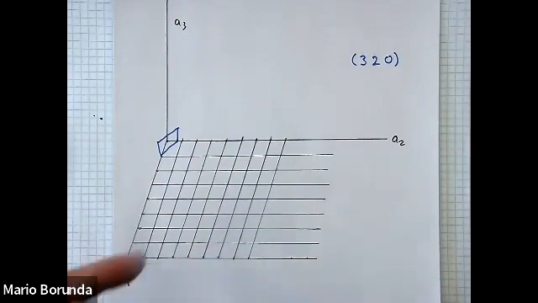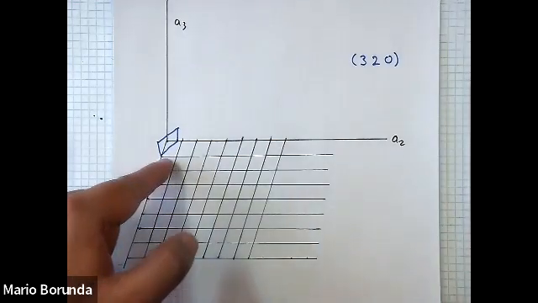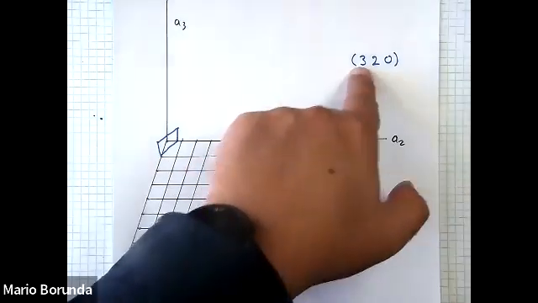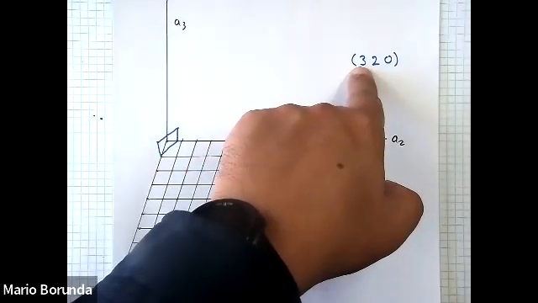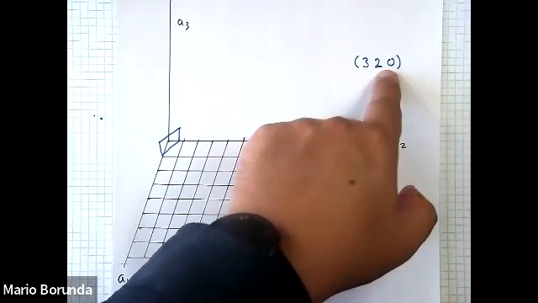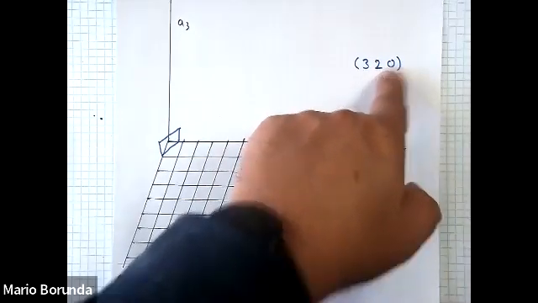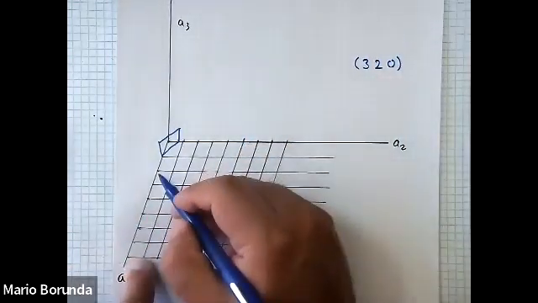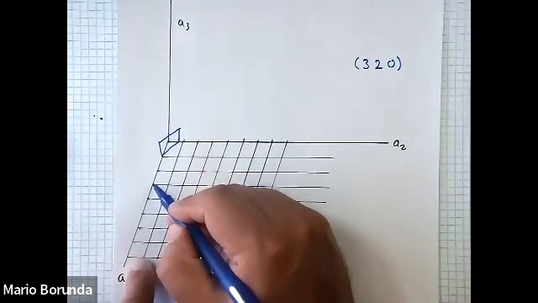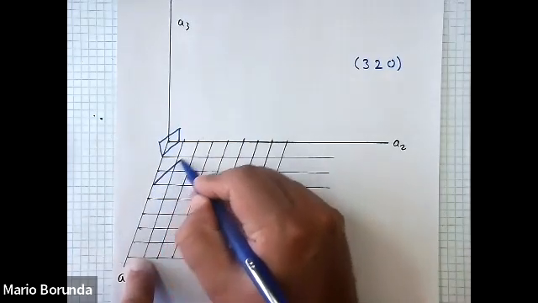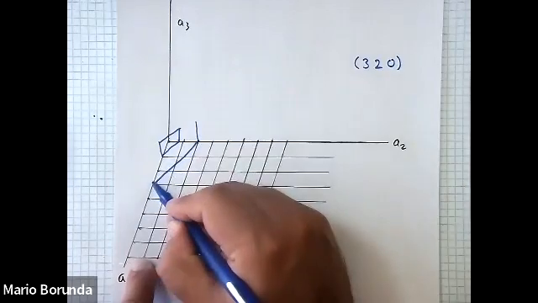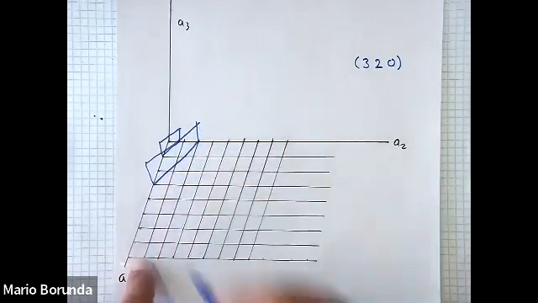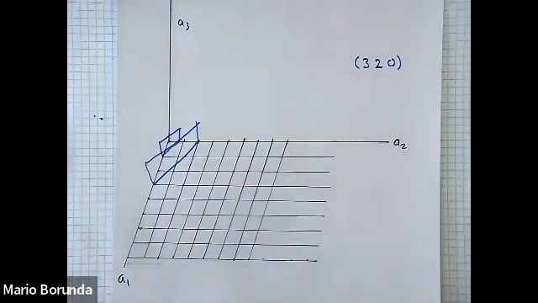And then we just keep going, right? And for instance, there's another one that crosses at 3 and at 2, right? So that's the next one. And they're the same separation.